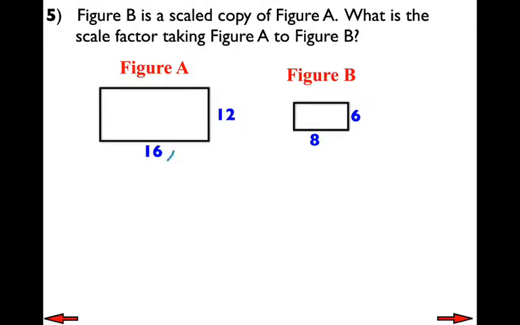In fact, we would have to multiply by 1/2. 16 times 1/2 is 8, and 12 times 1/2 is 6. So sometimes the scale factor might be a decimal or a fractional value. So in this particular situation, since the shape got smaller, we would know automatically that the scale factor would have to be a fractional value.